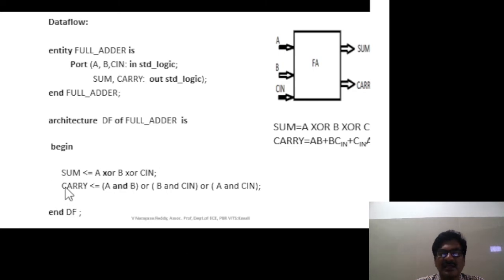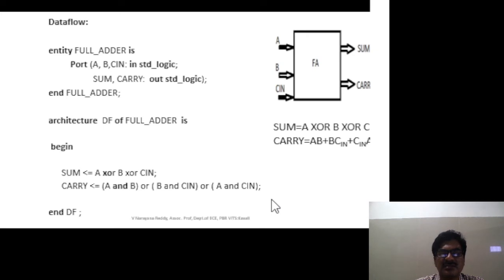Similarly for carry, less than equal. As per the equation, A logical and B, it is better to put this operation in brackets, followed by the or operator instead of plus. Here plus represents the logical or operation, right? So or of B and Cin, or A and Cin, then semicolon.